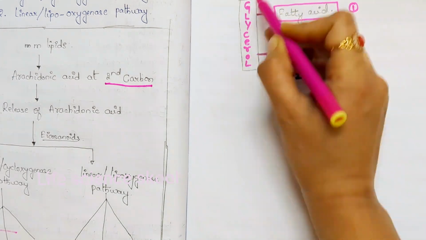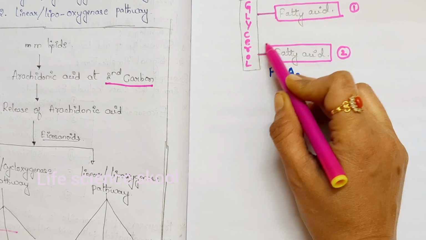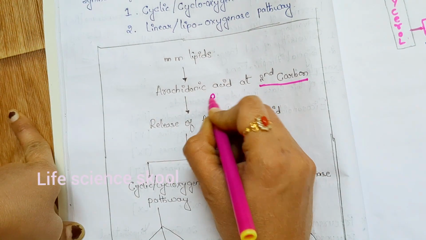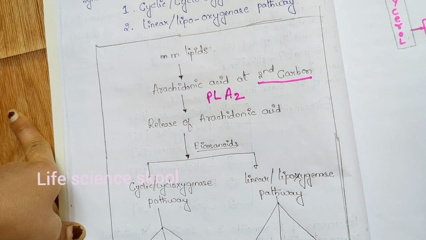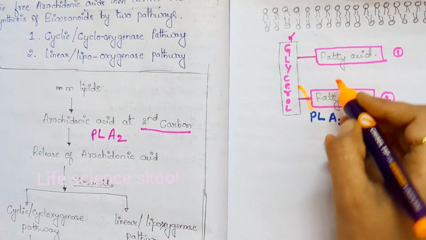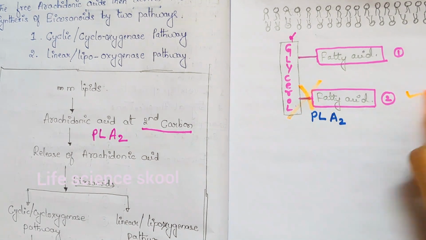If you think this is the structure of the glycerol, it is present at the second carbon. And there the enzyme phospholipase A2 is going to cleave this arachidonic acid. Then this chain is going to get free.